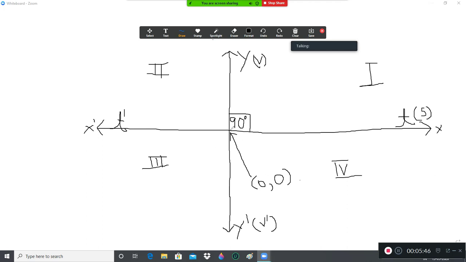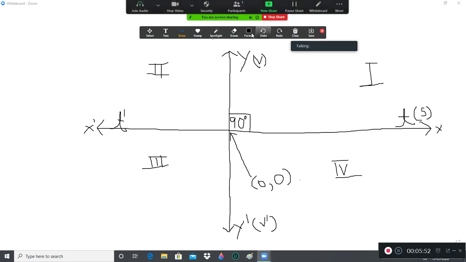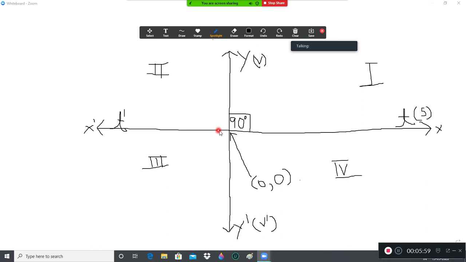Now I can move to any part from the origin, whether in this part, in this part, in this part, even along the time axis, even on the y-axis, any kind of ray, sorry, line can be extended from this origin point.